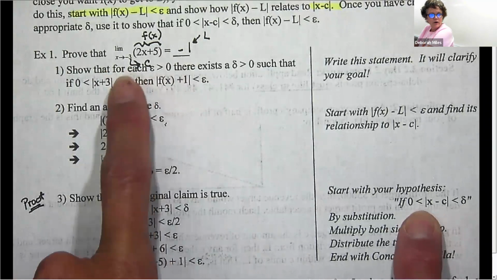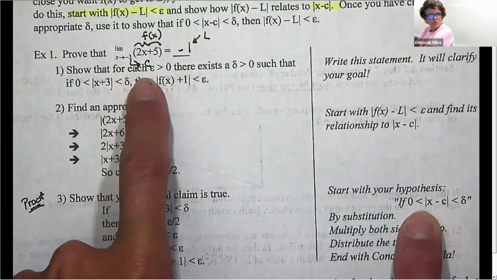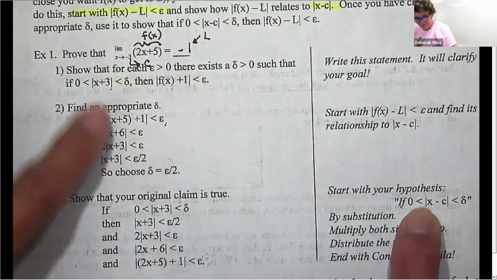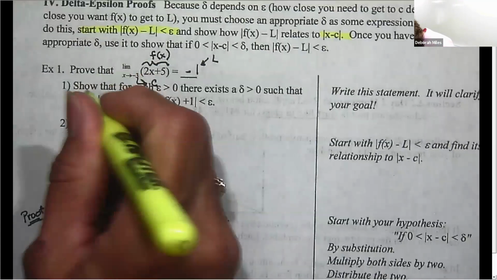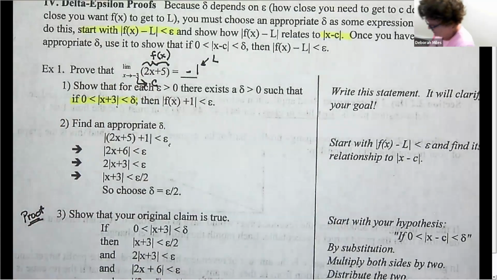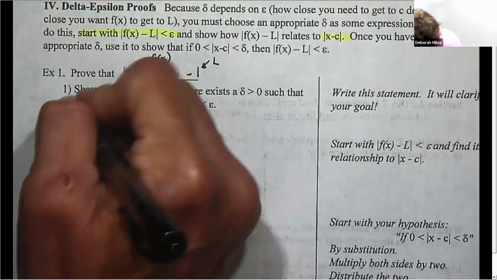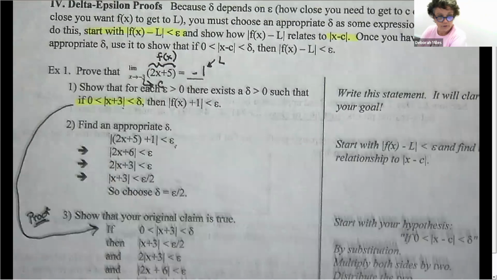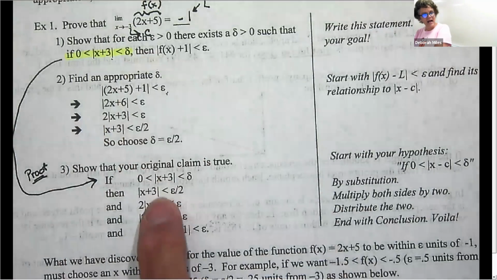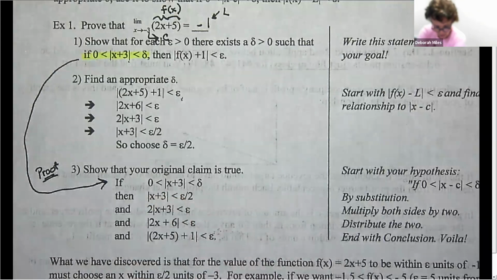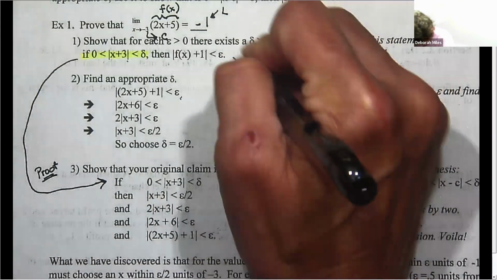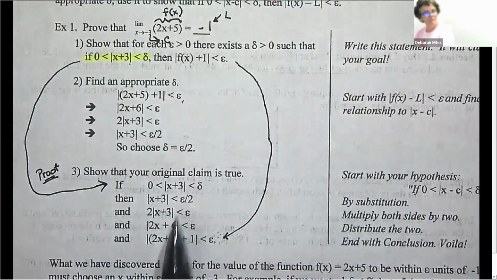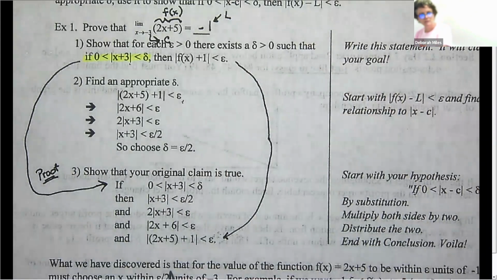You're saying for every epsilon greater than 0, there exists a delta greater than 0, such that if this begins your hypothesis. And what you're trying to show is if that hypothesis is true, then your last line has to be, then the conclusion is true. So how do we get from the hypothesis to the conclusion?